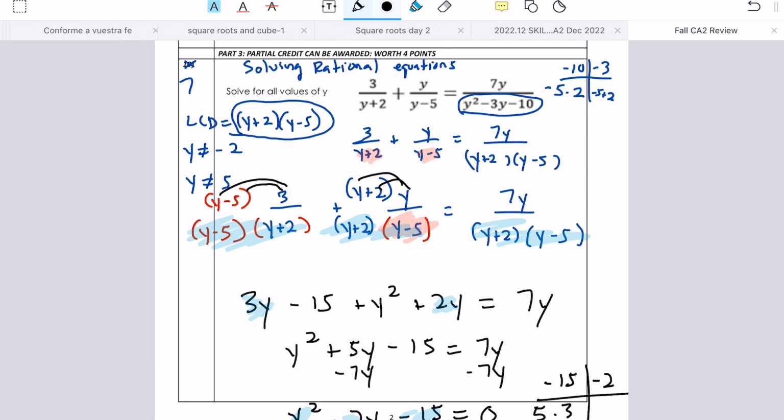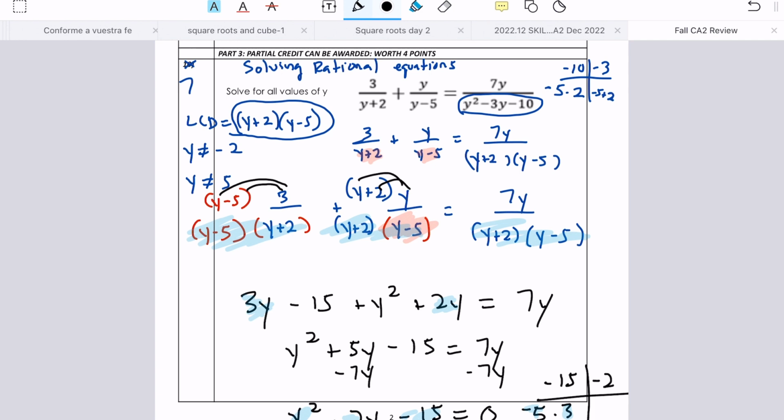It has to subtract to negative 2, so it's going to be negative 5. So it's going to be y plus 3, right, I'm getting that from here. That's a positive 3. And y minus 5.